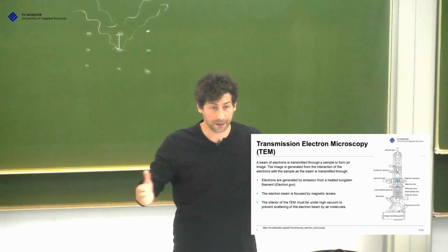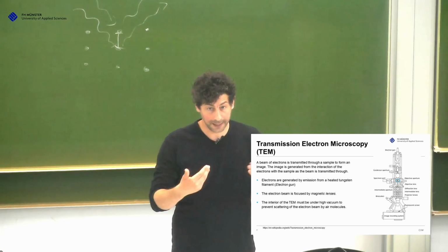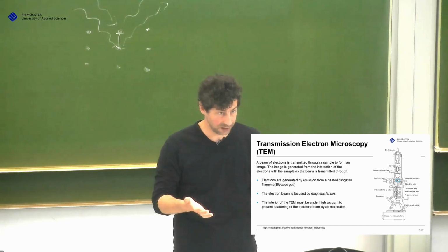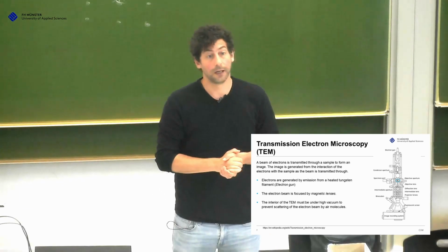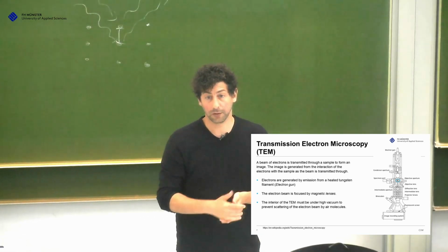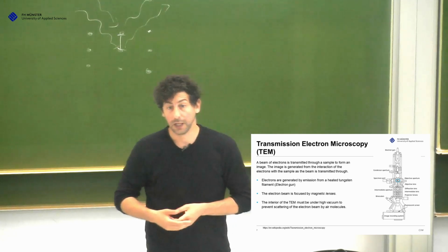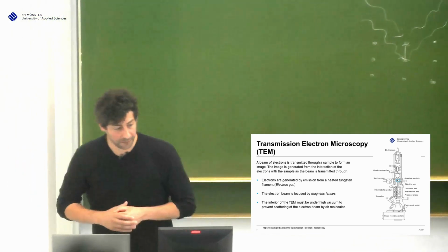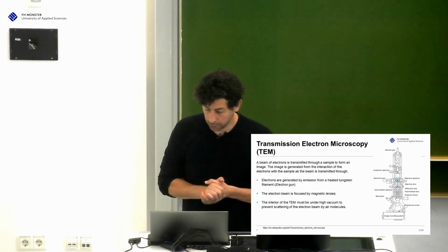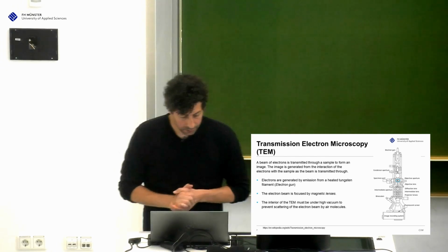The wavelength of the optical light is 300 to 700 nanometer. So if you look through an optical microscope, you cannot see 1 nanometer. It doesn't work. But here we have electrons with different wavelengths, and they can go to very, very small structures.